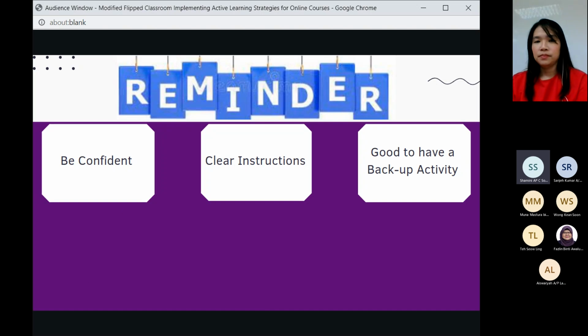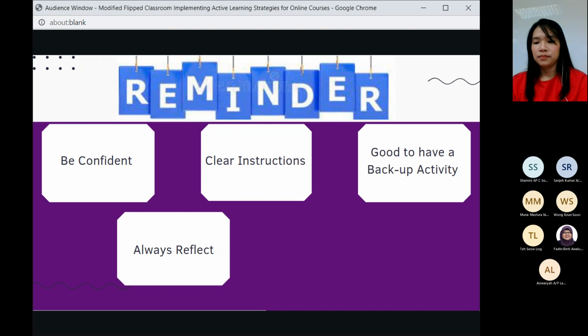And the 4th one is always reflect. This is very important, not just for the students, but also for us teachers, because I am doing this learning confidently now because I've reflected a lot previously. A lot of times I failed and I reflected on why it was not working.